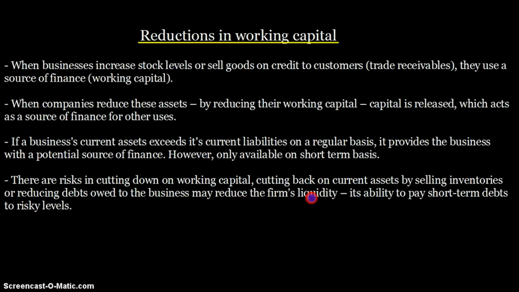Cutting back on current assets by selling inventories or reducing debts owed to the business may reduce the firm's liquidity, that is its ability to pay short-term debts, to risky levels. So it's not too good a thing. It can be available sometimes when you don't have enough internal sources of finance. It could be used in some instances, but not regularly, because then you won't have enough to pay for your short-term expenses.